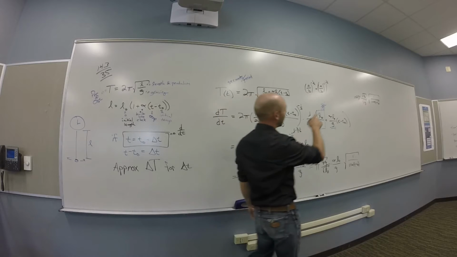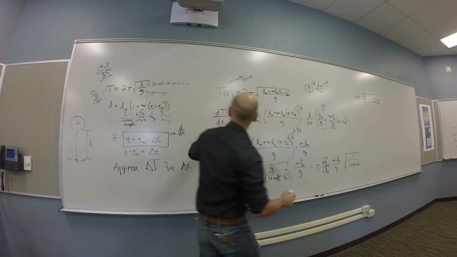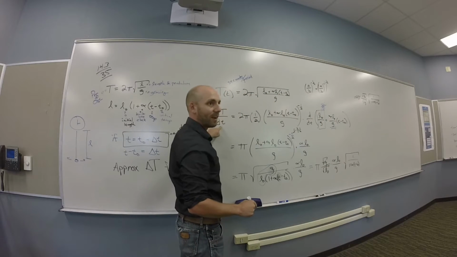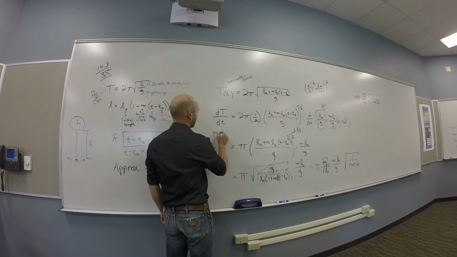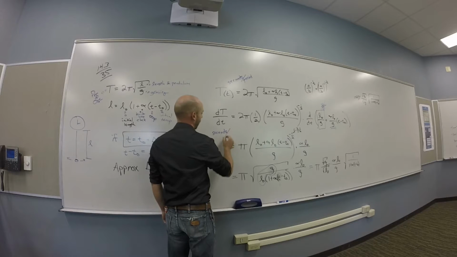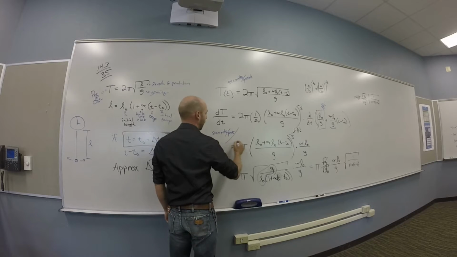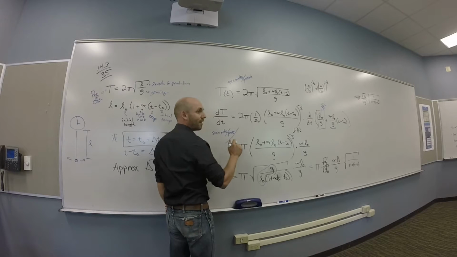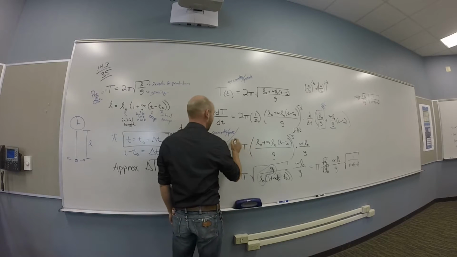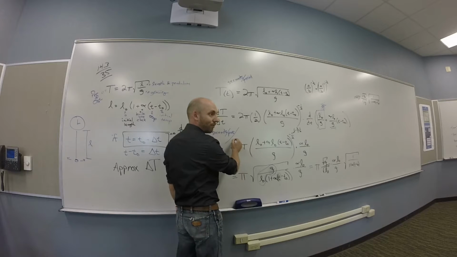And we've said, okay, so dt is the seconds per period per some kind of change in temperature, right?